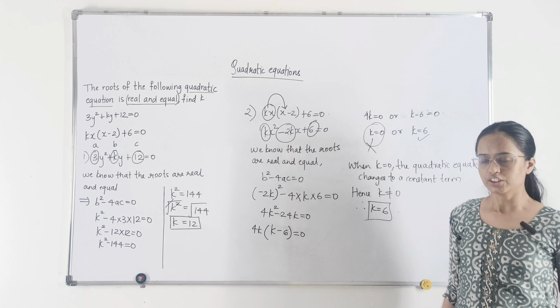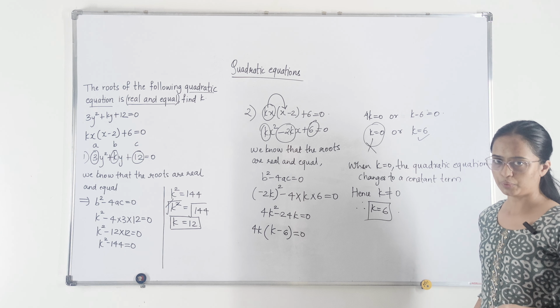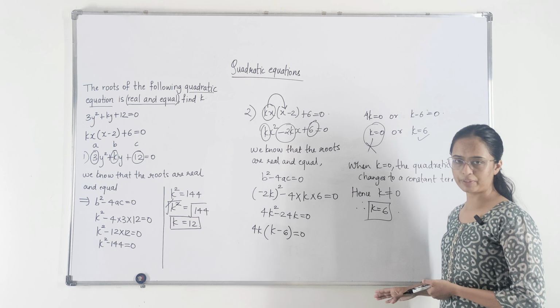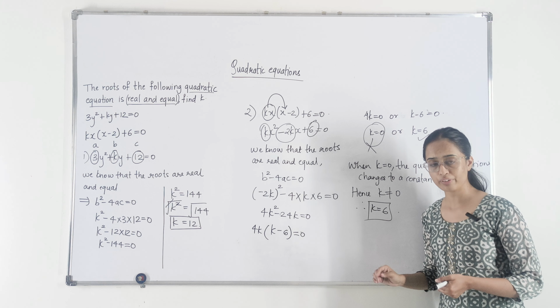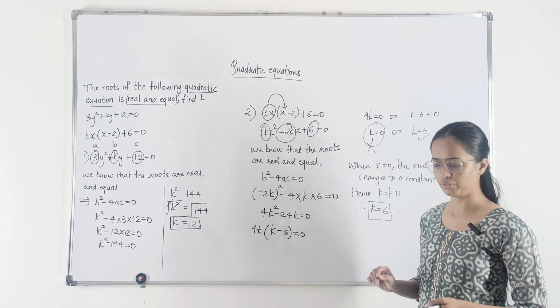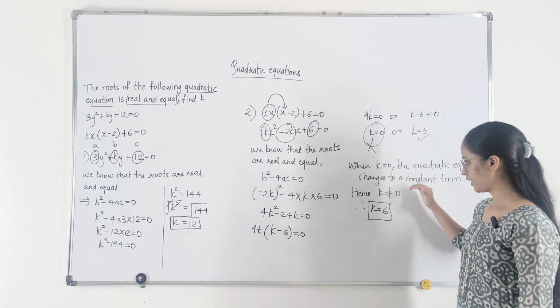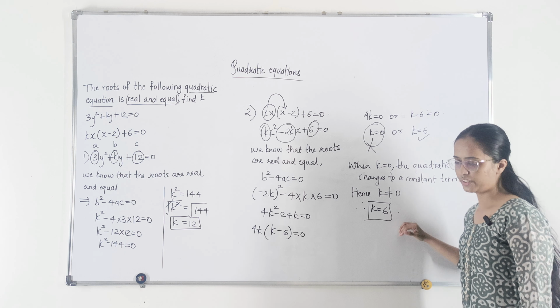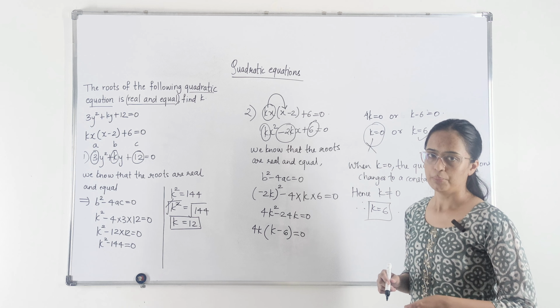So you cannot change the quadratic equation into a constant equation just because you are being asked to find the value for k. You have to find a relevant and correct value for k. And that is why k as 0 is discarded and you got the value of k as 6 in this particular equation.